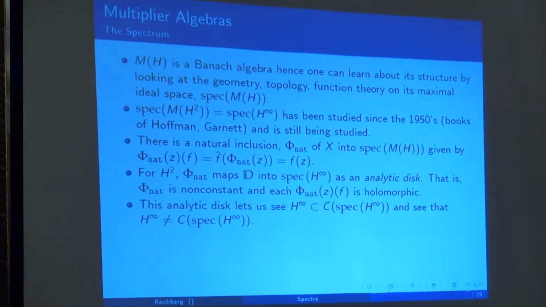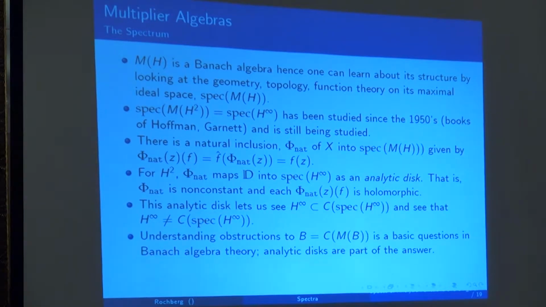Backing up a bit, the general point is the Banach algebra sits in continuous functions on the spectrum. The easiest to understand case is when it's the algebra of all continuous functions on the spectrum. The case where it's not is the case where you want to understand how it fails to be all of them. And that's where the analytic disks show up, because they're a part of the spectrum on which you don't get all continuous functions, you just seem to get analytic functions.